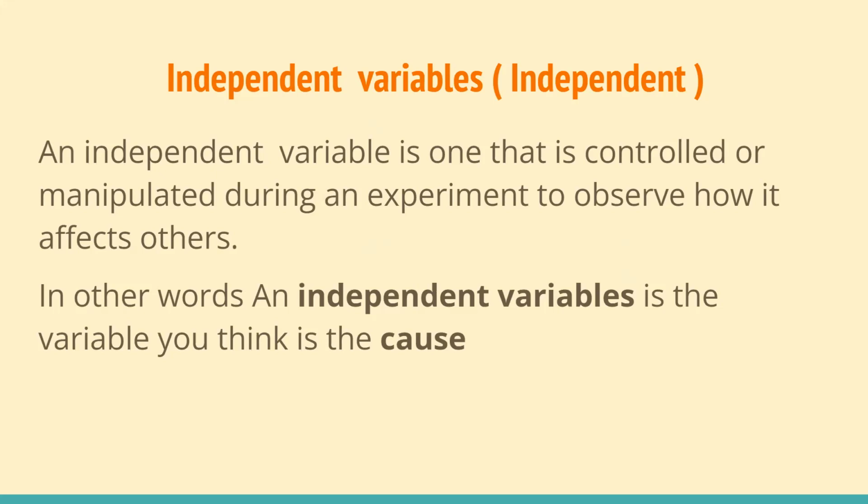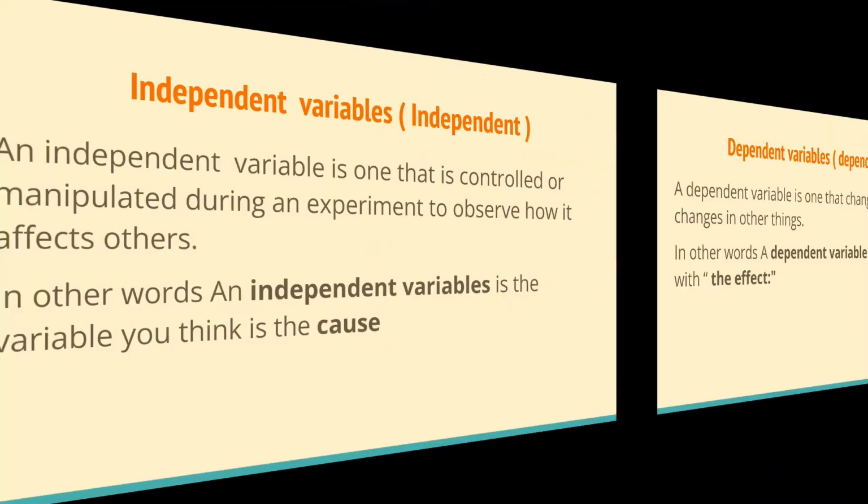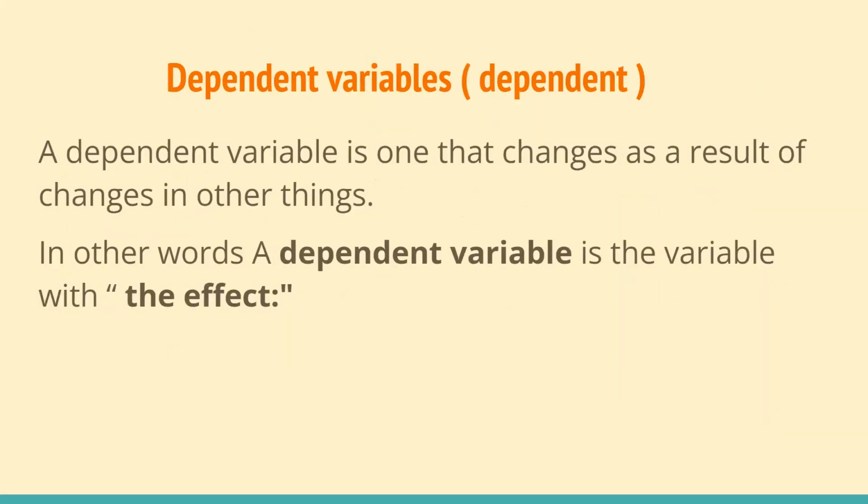To break this down, an independent variable is a variable that you think is the cause, whereas a dependent variable is one that changes as a result of changes in other things. What is it that I am saying here? Simply put, a dependent variable is a variable with the effect.